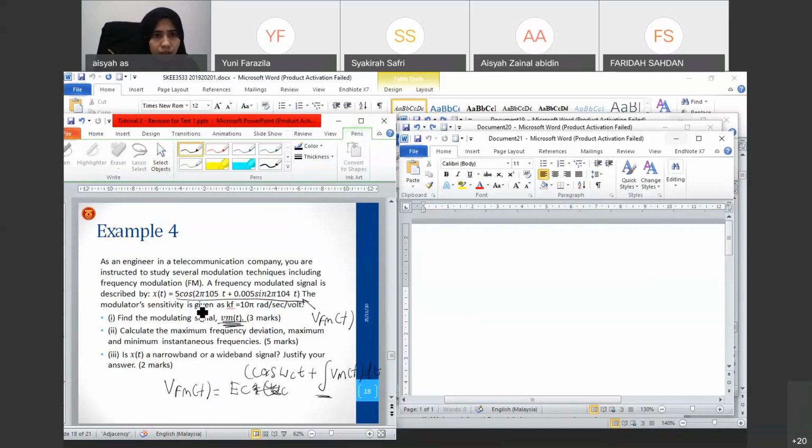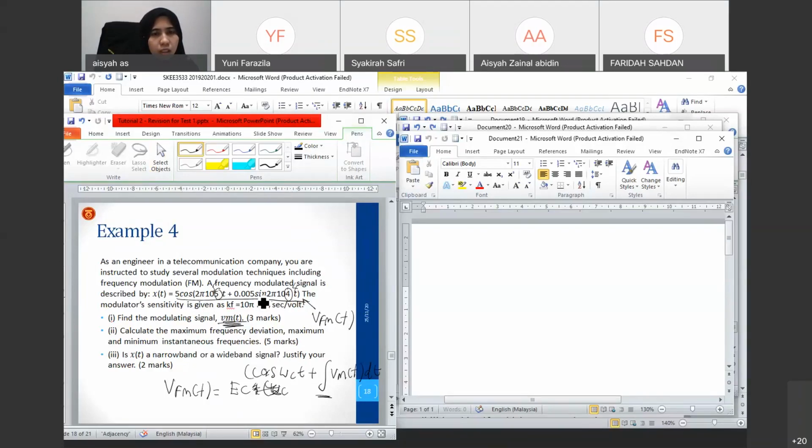For example, here it is this omega 0.005 sine 2 pi 10 power of 4.